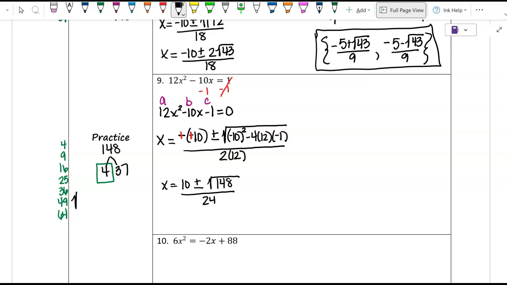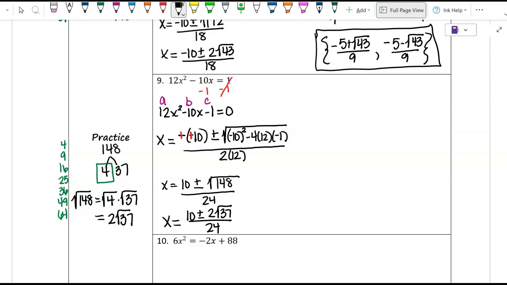So the square root of 148 equals the square root of 4 times the square root of 37 equals 2 radical 37. So x equals 10 plus or minus 2 radical 37 over 24.